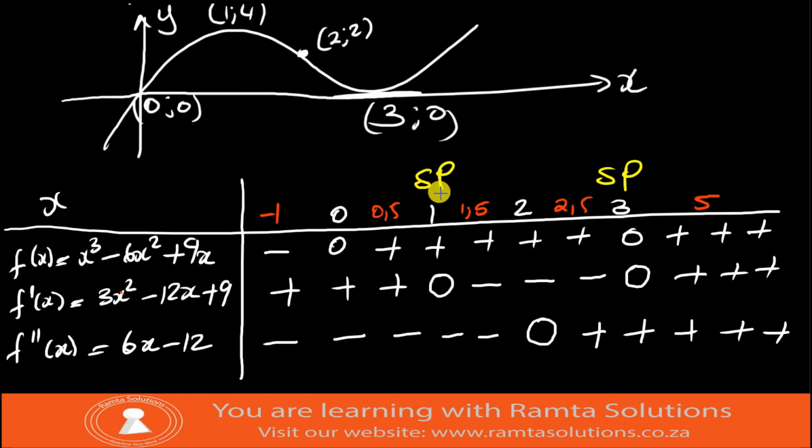When you substitute the x value of the stationary point, our derivative is 0. What does it mean? We said the first derivative is the gradient, right? So when we substitute the x value of the stationary point into the first derivative, the value is 0.